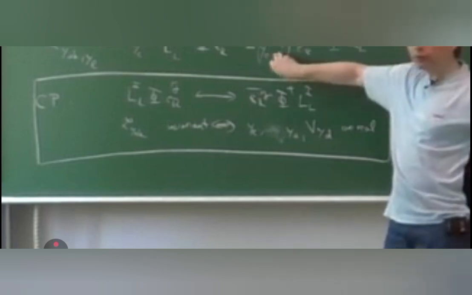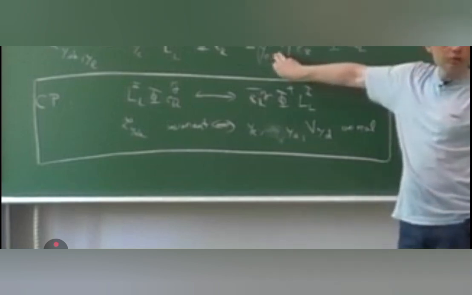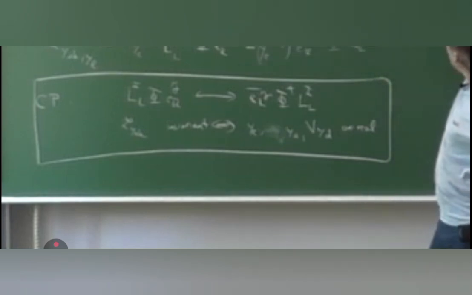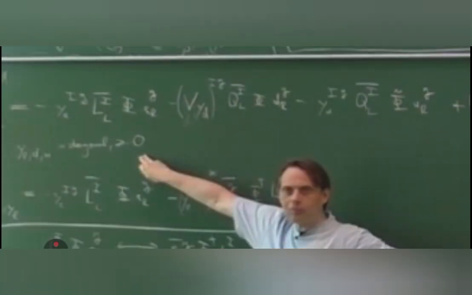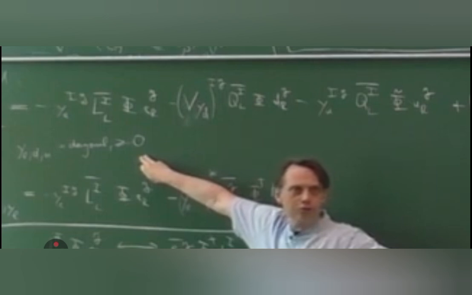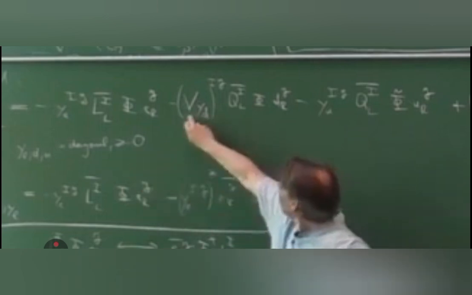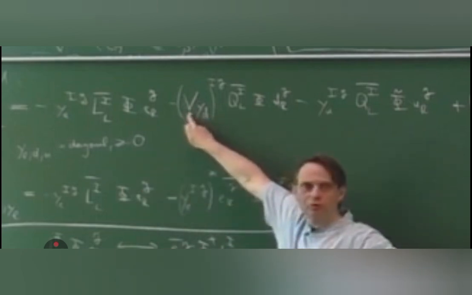So you see it from this example. This example term is CP invariant if and only if the coupling prefactors are real. And the same holds, of course, for all the terms. And we have assumed that the Yukawa couplings are actually real. So that is true. But for the CKM matrix, we have not yet assumed that it is real.